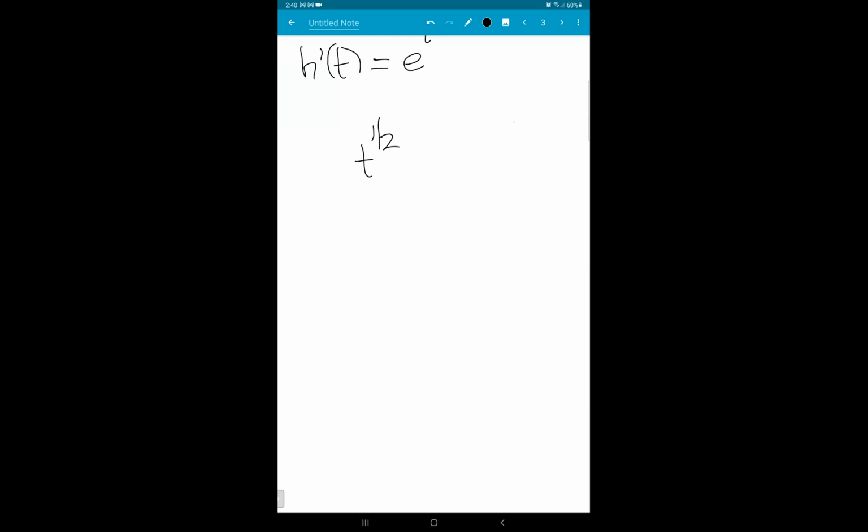So to differentiate this, you bring down the power, that's 1/2, subtract 1 from the power, minus 1 is -1. And then bring down a negative exponent, so you get 1 over 2 square root of t.